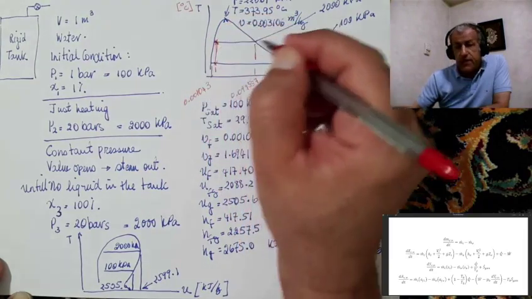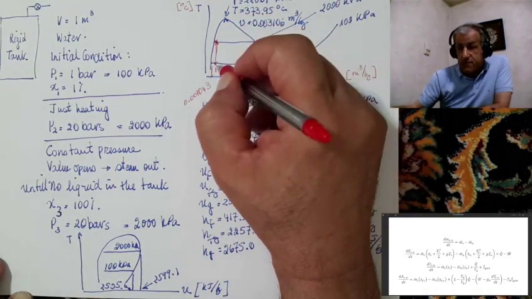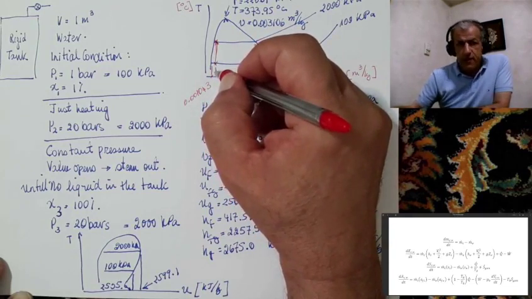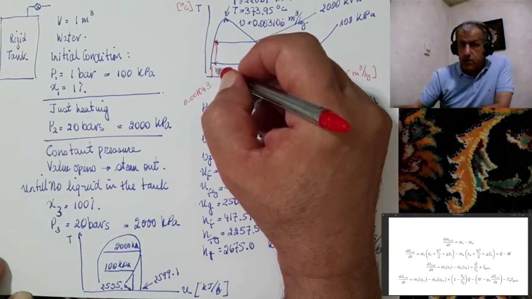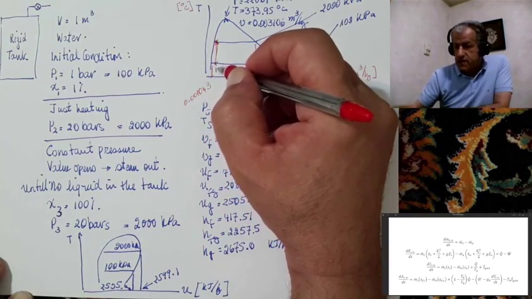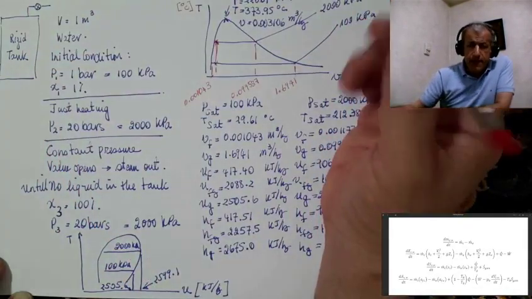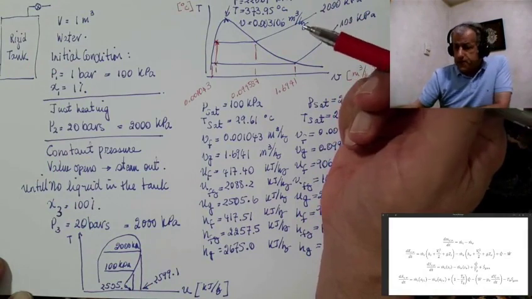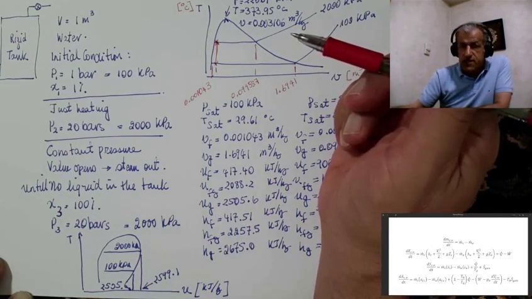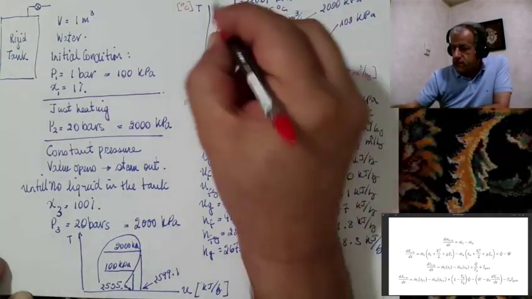as neither the mass changes nor the volume changes, then the specific volume remains constant. I will explain this further later on, but it's pretty straightforward to understand that when it is the rigid tank, the valve is closed, neither the volume nor the mass changes inside it, and therefore specific volume remains constant.